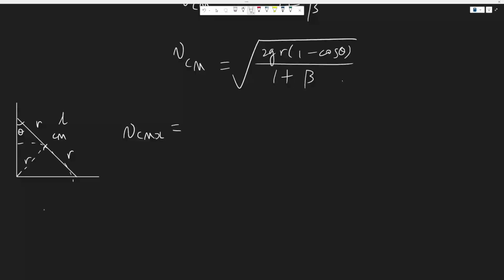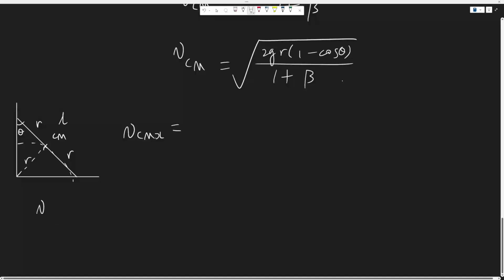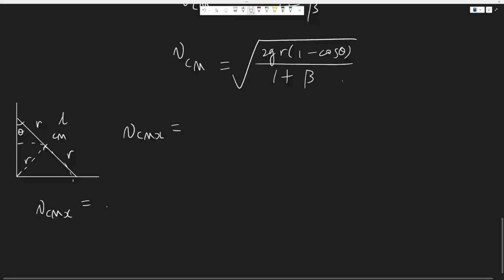And so we're trying to get x, the x coordinate. The velocity of the center of mass, the horizontal component, is basically dx/dt. Let's call this point xy, the coordinate of the center of mass. And so the horizontal component of the velocity would just be the change of x with respect to t.